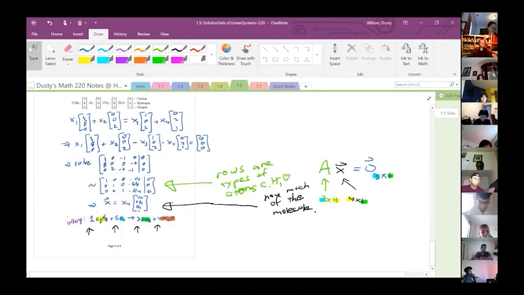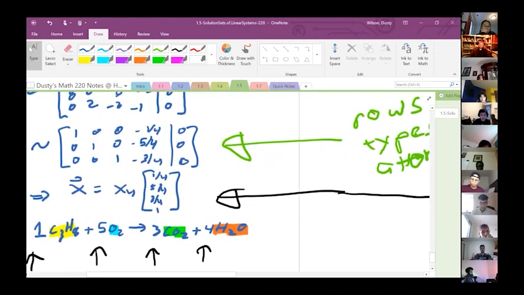Questions? Good questions so far. Other questions, comments? Can you explain the second from the last part? x equals x4, right here?